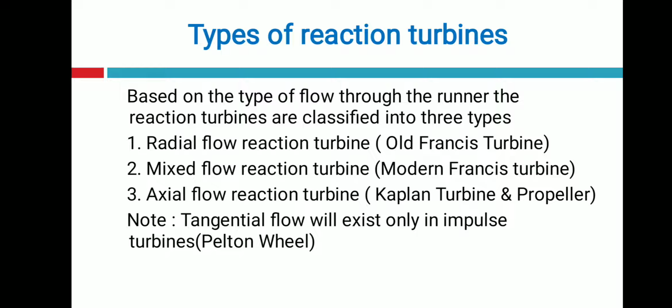At inlet it has radial flow, while leaving it has axial flow. The example is the modern Francis turbine. The example for an axial flow reaction turbine is the Kaplan turbine and propeller turbine. The tangential flow we have already discussed. Tangential flow exists only in an impulse turbine, and the example for an impulse turbine is the Pelton wheel.